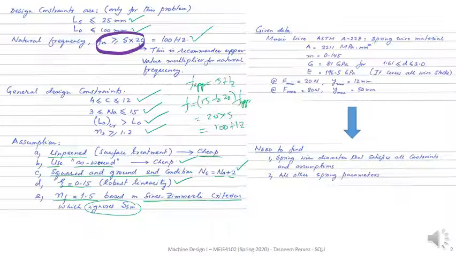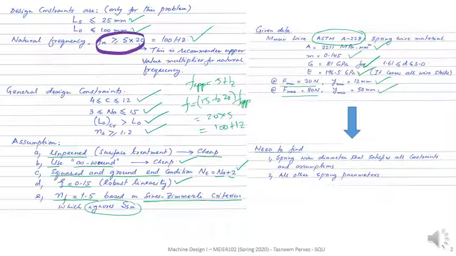What is given to me is ASTM A228. So I go to table 10.4 and I know this is A, this is M, this is E, and this is G. Also, what I know is that at minimum force, this is the deflection. At maximum force, this is the deflection.